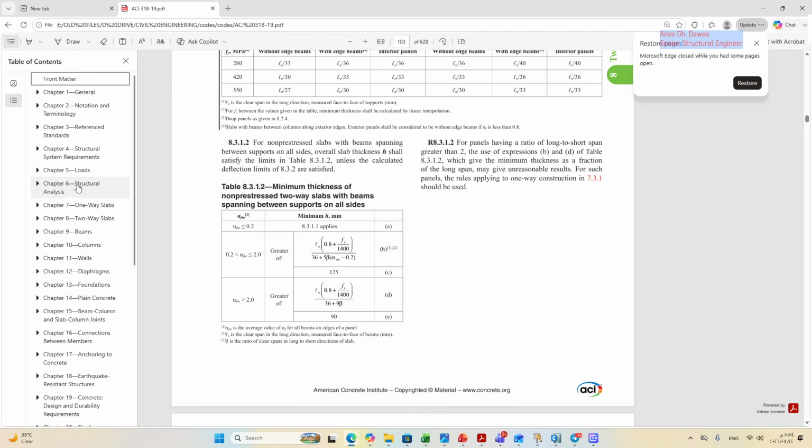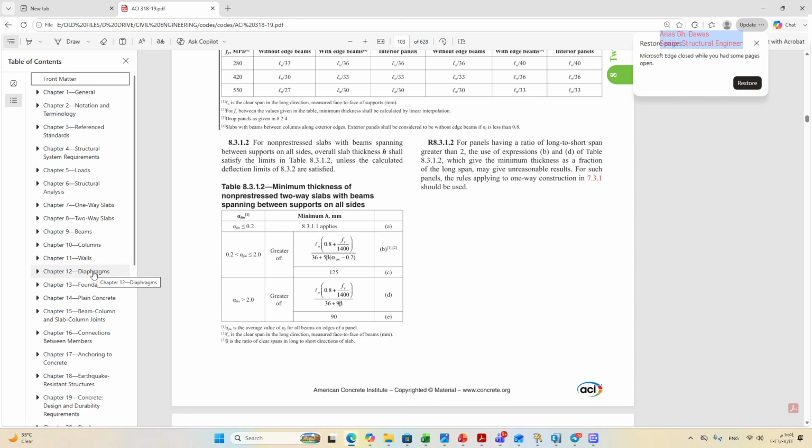If you look at the table of contents, you will find that the new organization of the code depends on the load transfer path. So here we have loads. The loads will be applied to the slabs, then transferred to beams, then columns and walls.